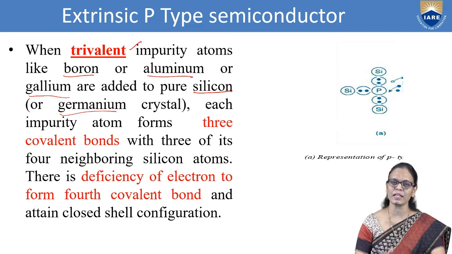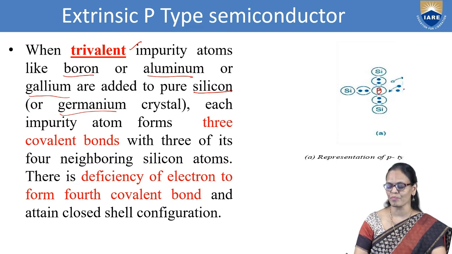Now when we are adding an impurity like boron, this boron replaces one of the atoms of silicon. If you see in this figure, this replaces one silicon atom. We have one more silicon here.